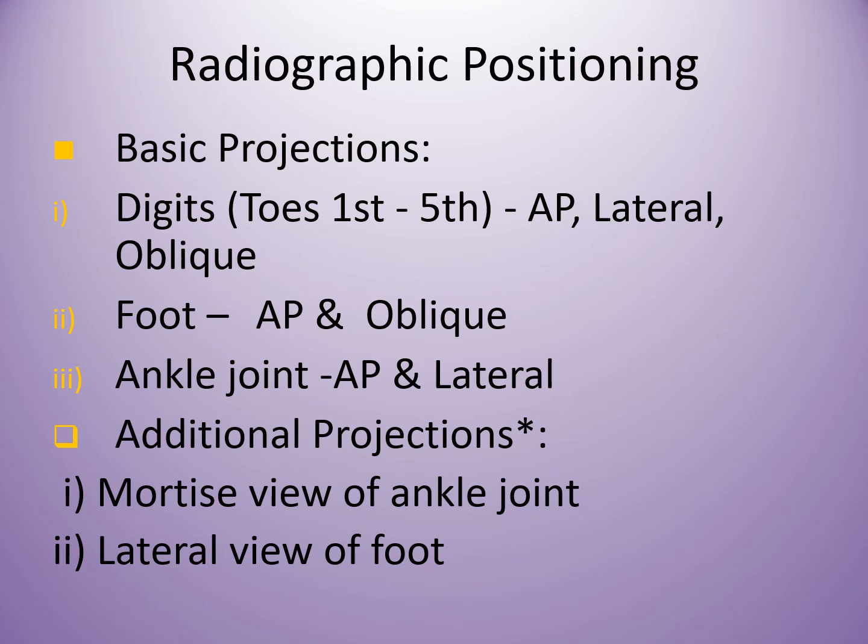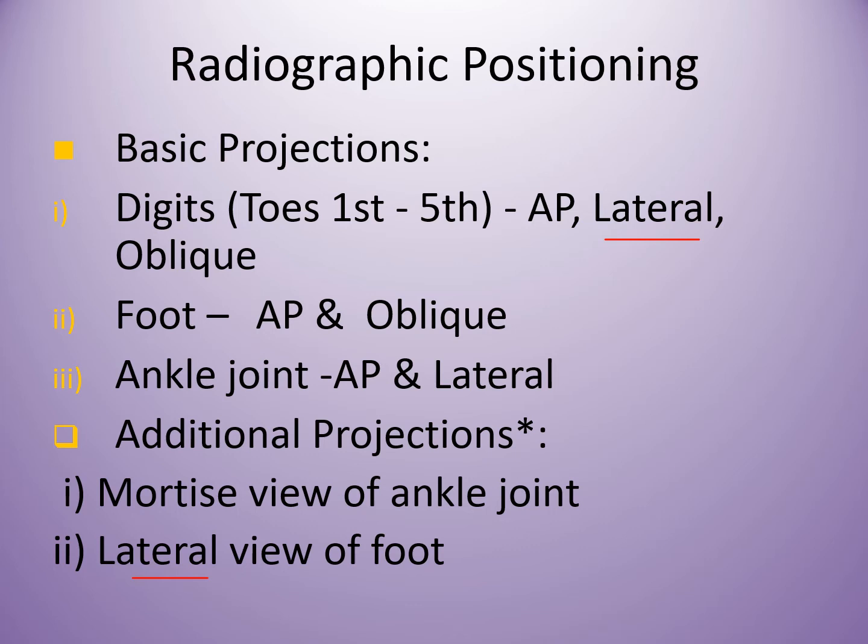For positioning, we have the AP, lateral and oblique. Okay, most of the lateral is to see for the foreign body biasanya. For phalanges, digits and foot, we got AP and oblique for the basic. Lateral kita just tunjuk jugalah sekaligus kita dah cakap pasal digits ni.